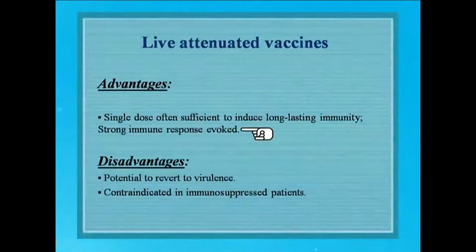Since these microorganisms grow inside the host, the immune system gets enough time to recognize them, and the immune response generated is more prominent and strong. The disadvantage is that they can revert to their virulent form, and these live attenuated organisms can cause disease in immunocompromised patients.